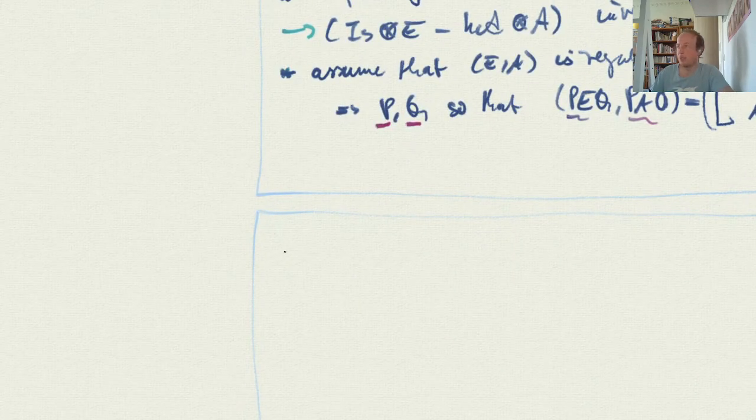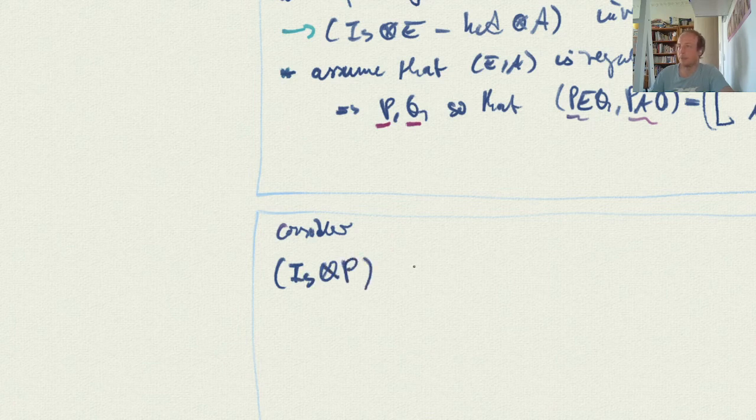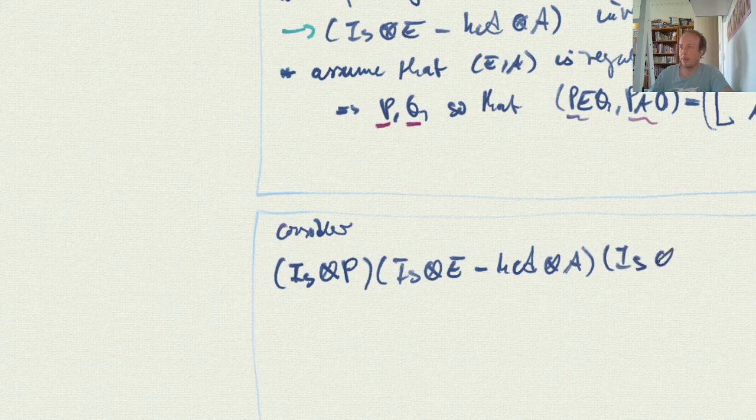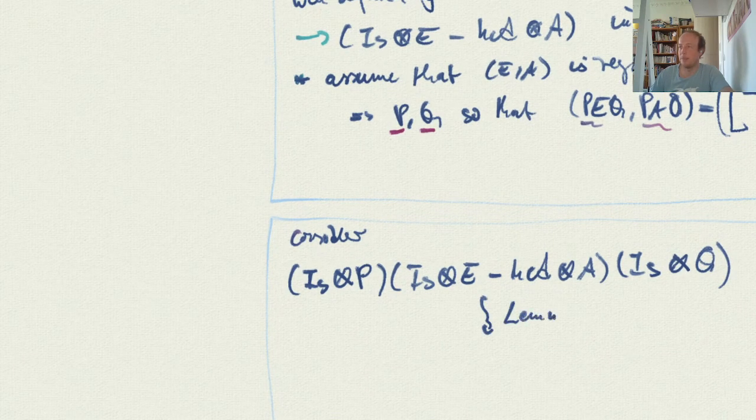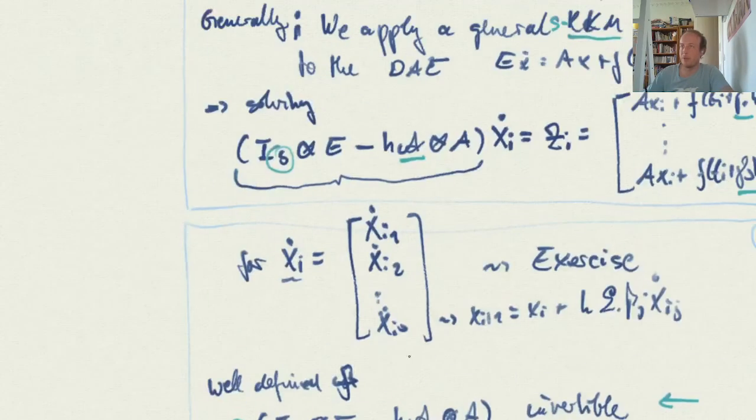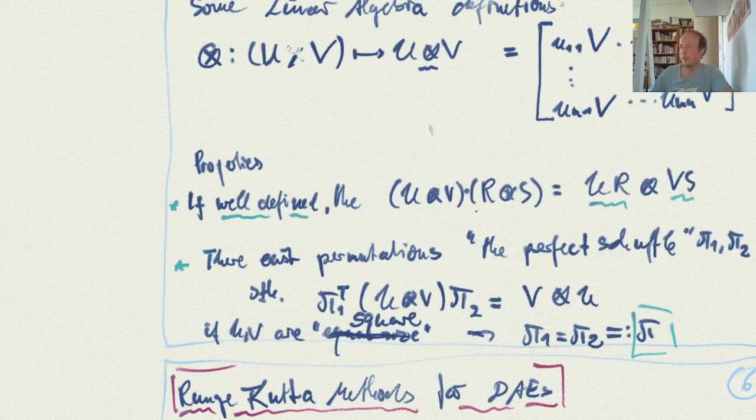And now what we will do is consider I_s Kronecker P times the coefficient matrix I_s Kronecker E minus h A Kronecker A, times I_s Kronecker Q, and this is by this property of the Kronecker product: a product of Kronecker products is the Kronecker product of the products.